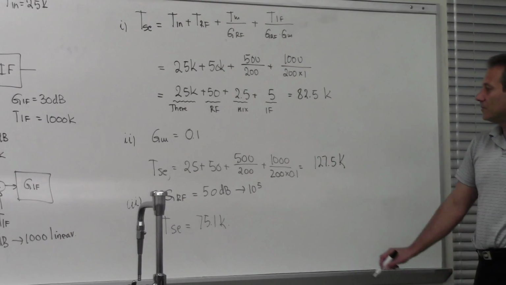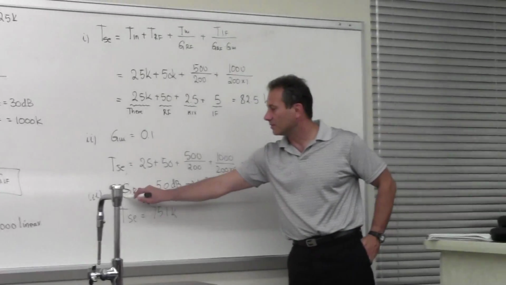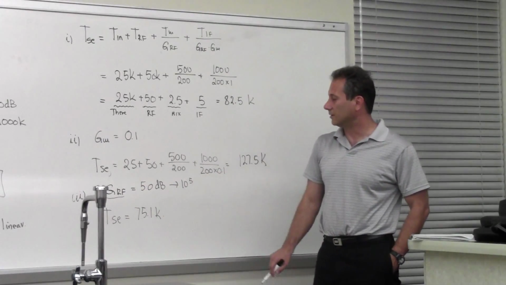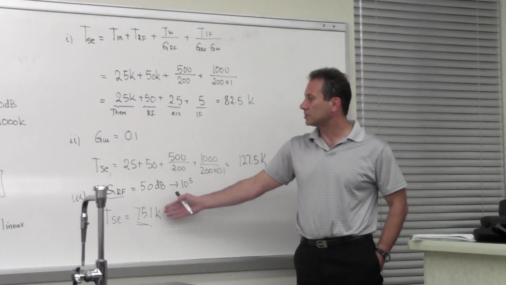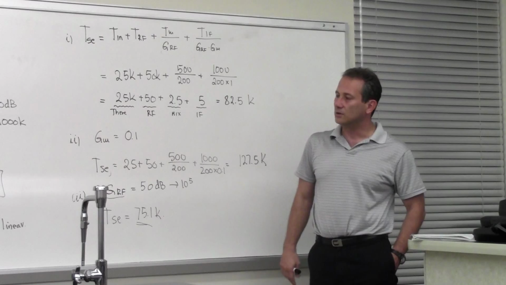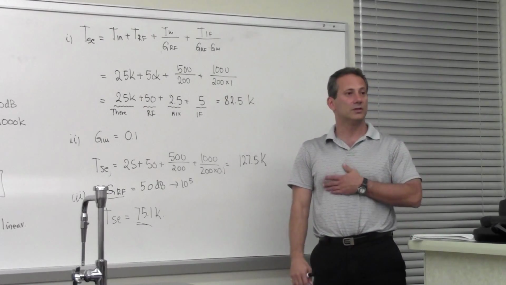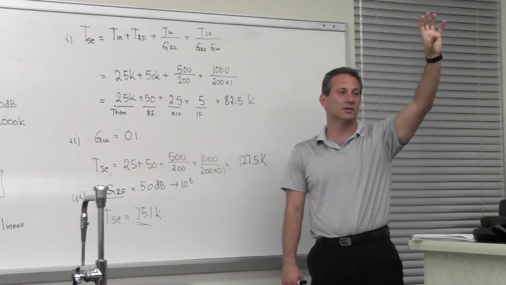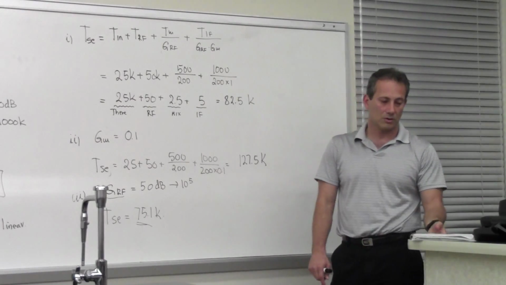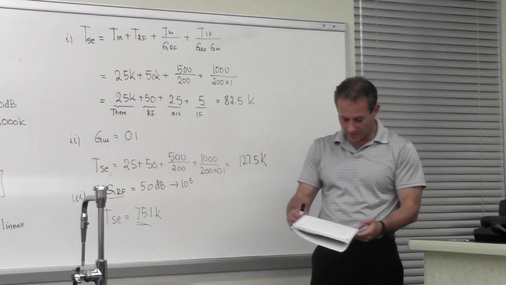But that means if you make your RF stage front end with a very high gain, the noise temperature of the entire system is dictated by two components: what is coming through the antenna, and how noisy your LNA is.